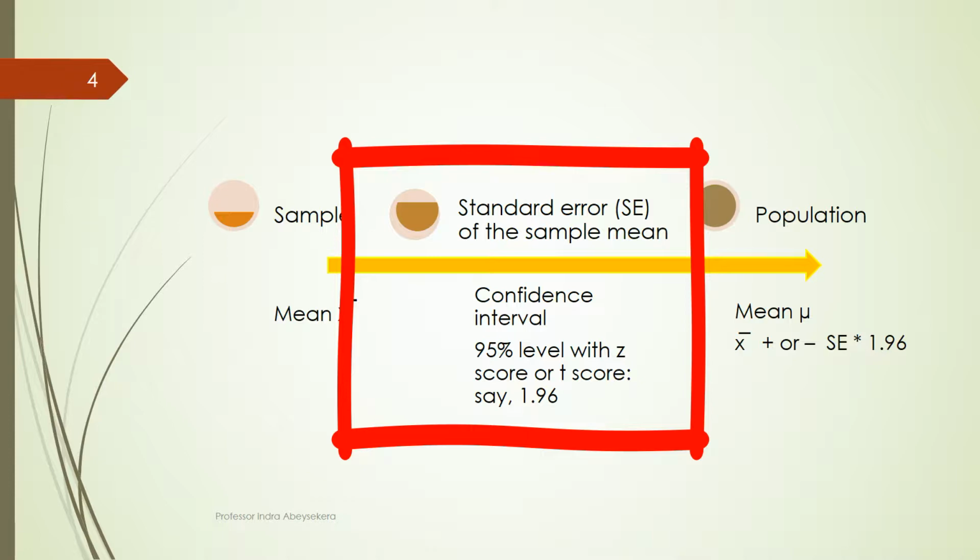In business and social studies, the confidence interval that we usually take is 95% confidence level or 5% significance level.